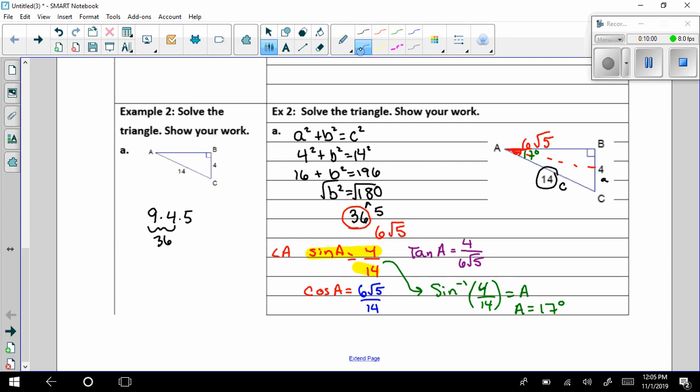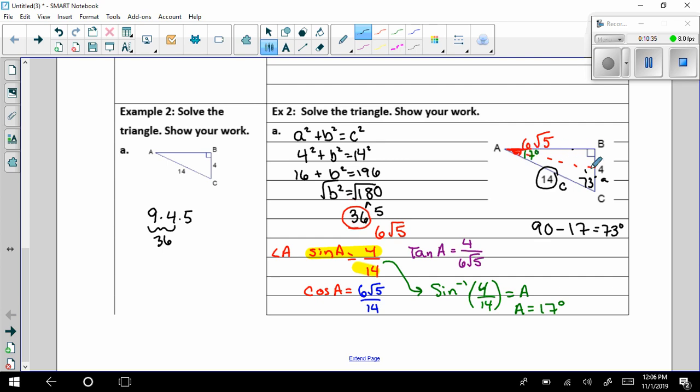To find your last and remaining angle, you could set up another trig function for C, but you could just take 90 minus 17, and that will give you what is left because the acute angles in a right triangle add to 90, and we get 73 degrees. Recall what I told you about the larger angle being across from the longer side, the smaller angle being across from the shortest side.